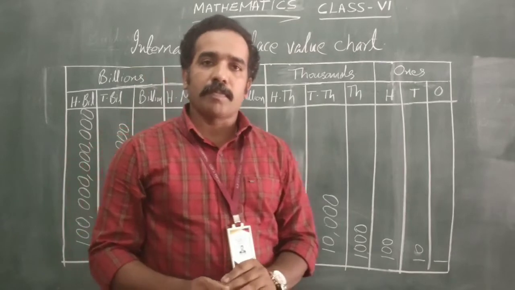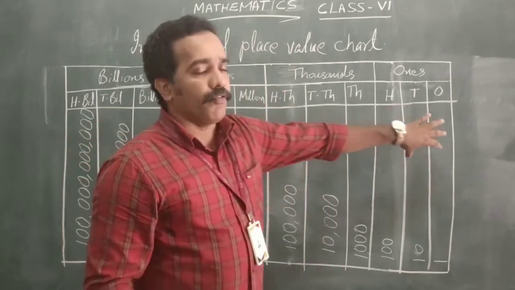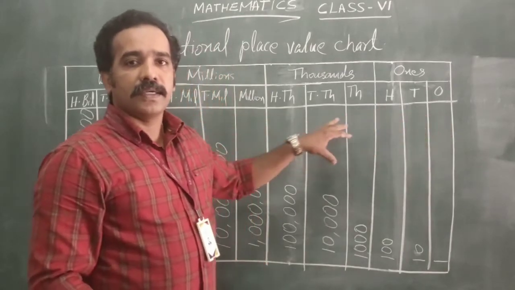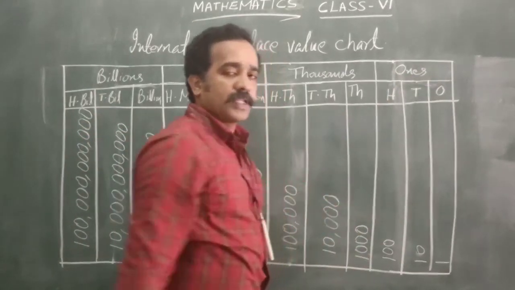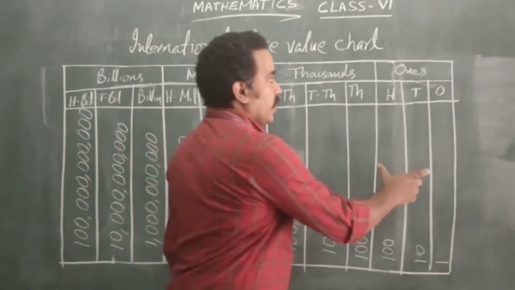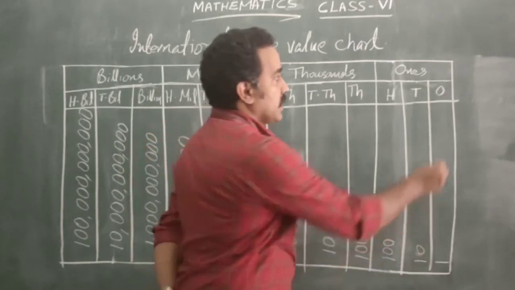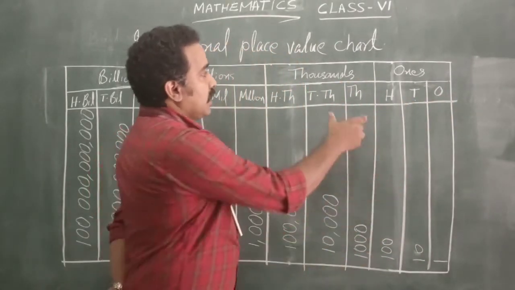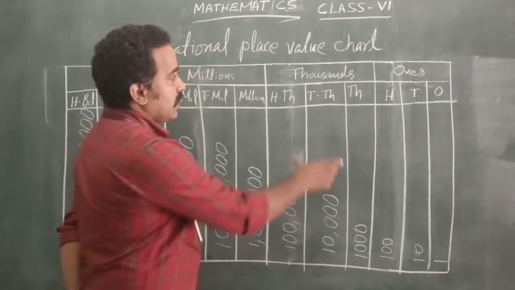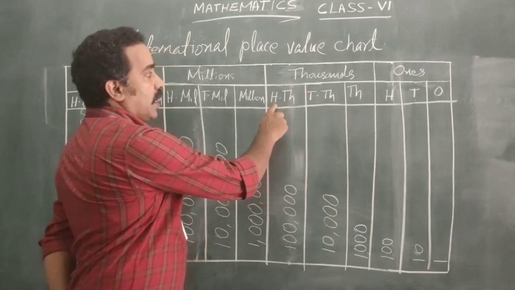But in the international place value system, every group contains 3 digits. So the first group is ones, and ones group contains 3 places: ones, tens, hundreds. And thousands group contains 3 digits: thousands, 10,000, 100,000.